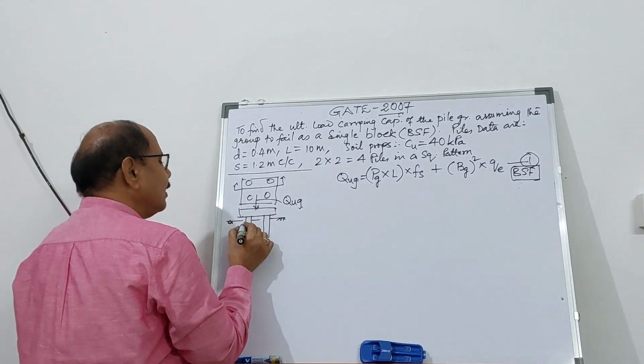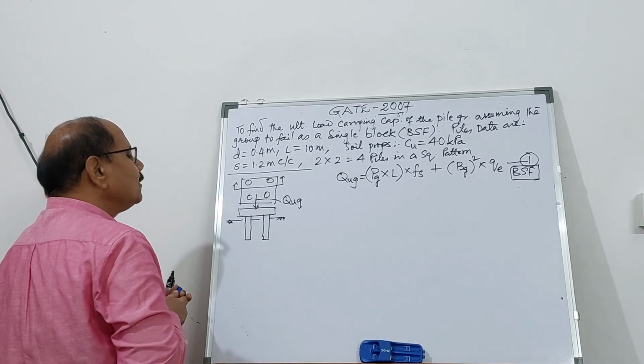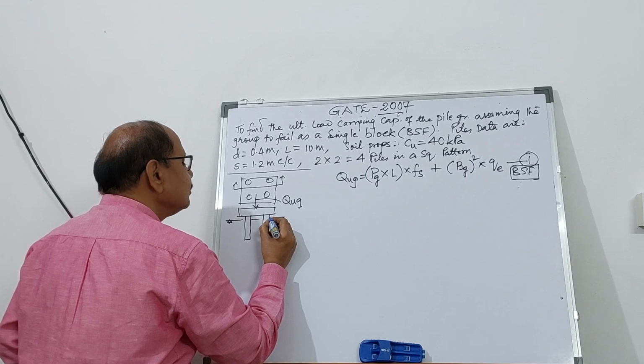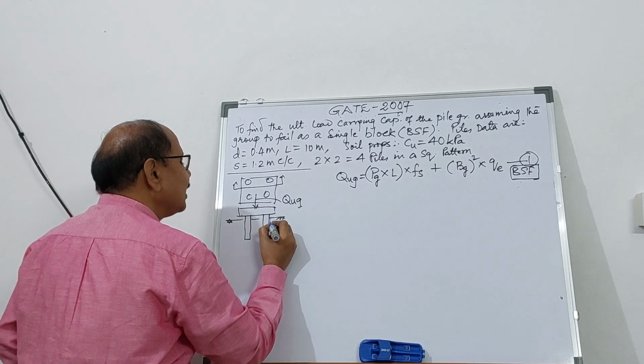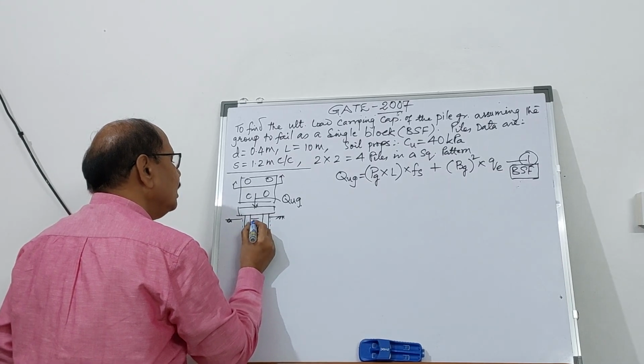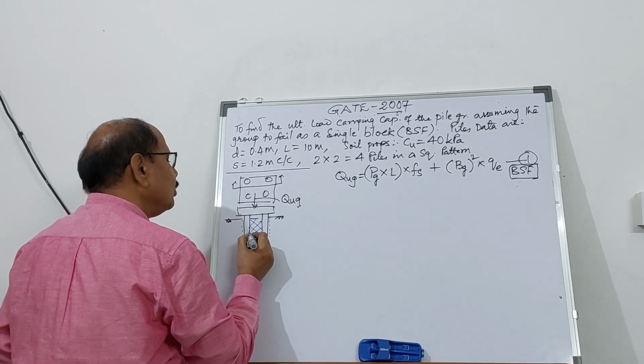So when it is going to fail as a single block, the unit skin friction or the shear lines will get developed over here. This is going to act as one unit, a monolithic unit.